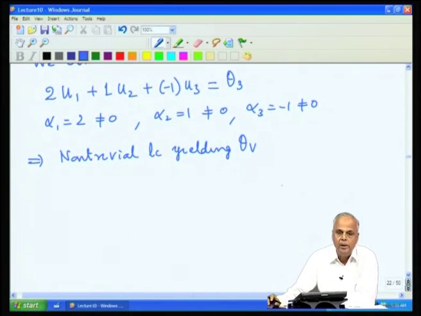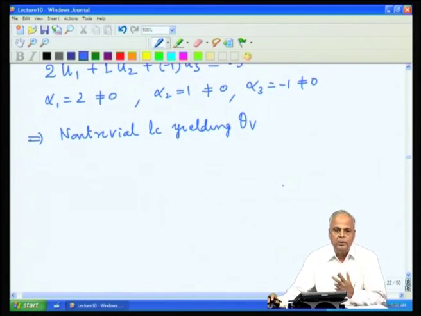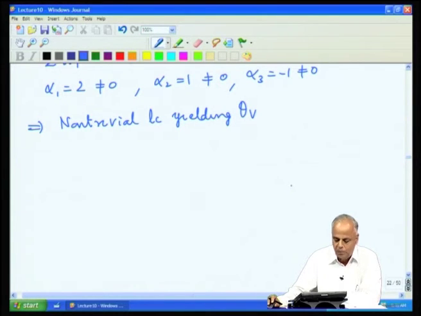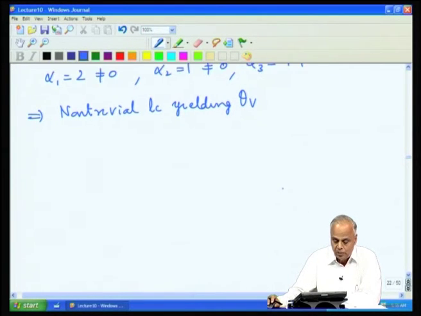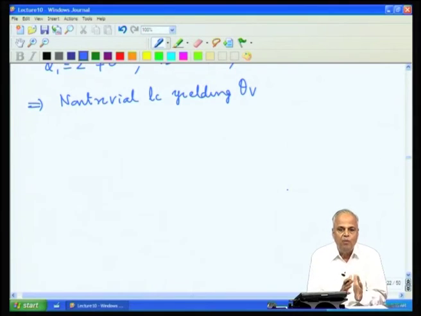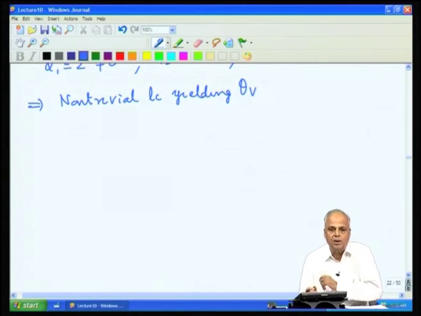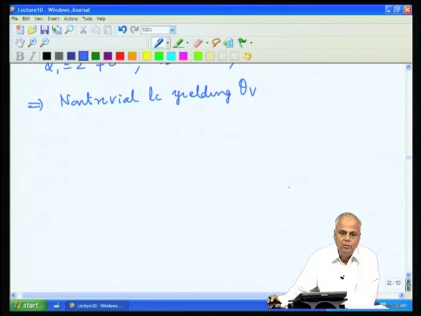So, now we have two examples, in one of which only trivial linear combination yields 0 vector, in another example non-trivial linear combinations also yield the 0 vector.